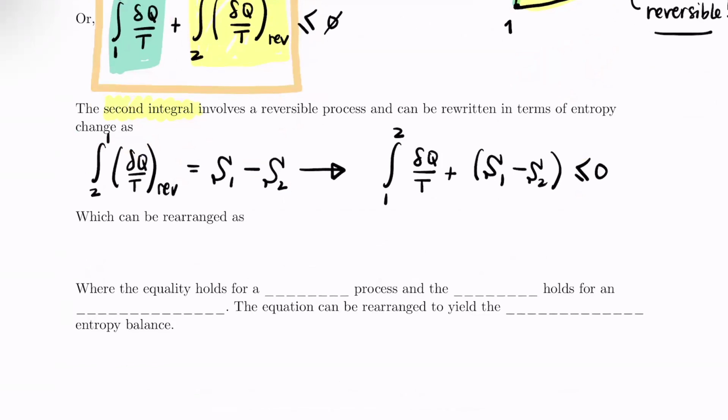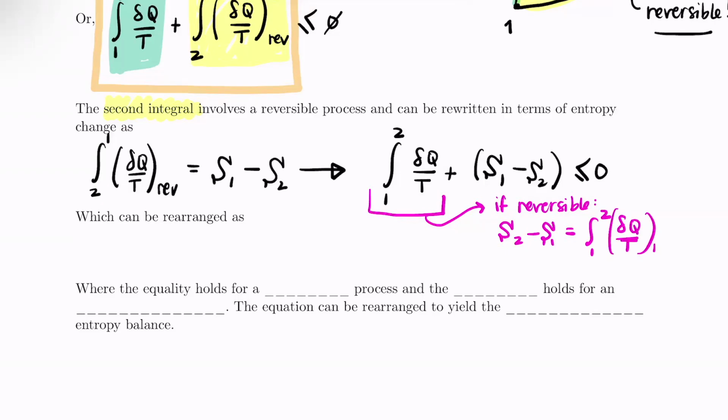Now, keep in mind that this term right here could be reversible or irreversible, right? So if this is reversible, then we have that S2 minus S1 is equal to the integral from 1 to 2 of delta Q over T, reversible, right?